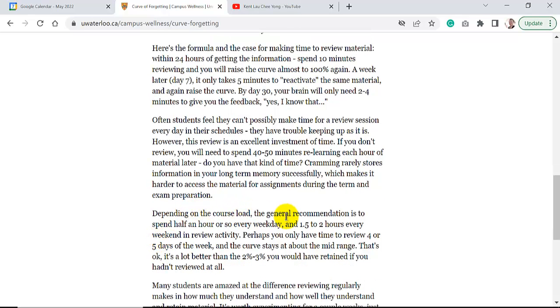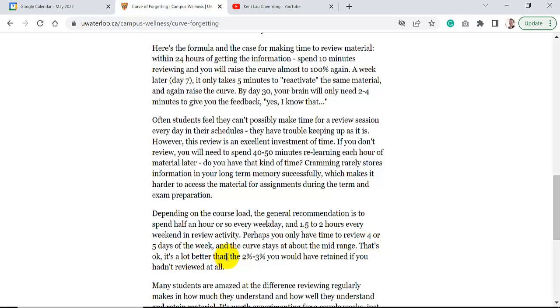Depending on the course load, the general recommendation is to spend half an hour or so every weekday, and 1.5 to 2 hours every weekend in review activities. Perhaps you only have time to review 4 or 5 days of a week, and the curve stays at about a mid-range. That's okay.